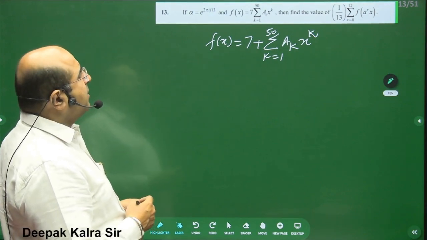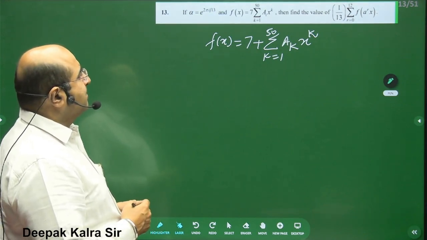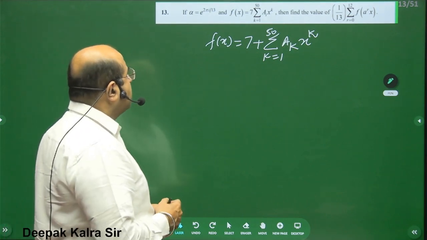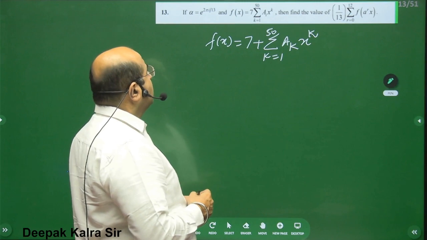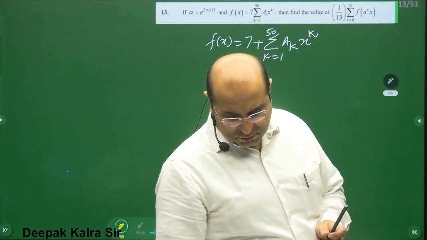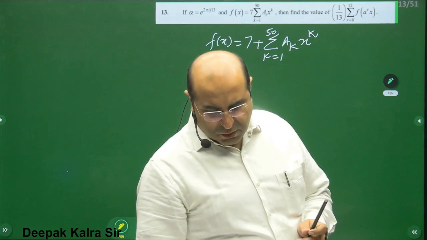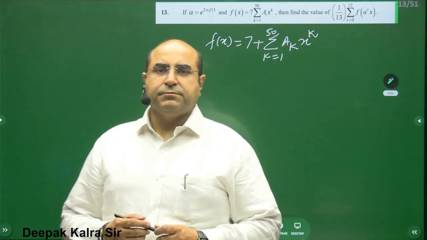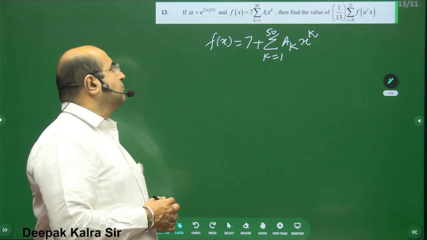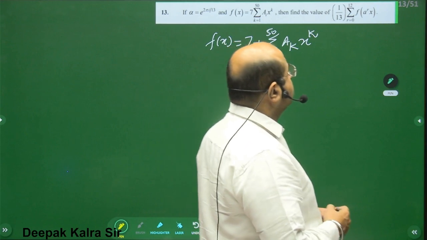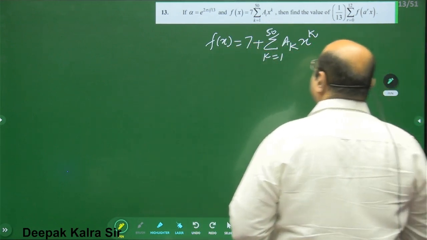Or is it clear? The answer is supposed to be, I think, 91. No, 7. Answer is 7. What do you want? Shall I do it? Or you have understood?